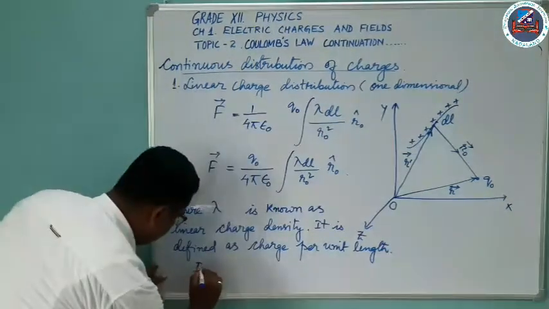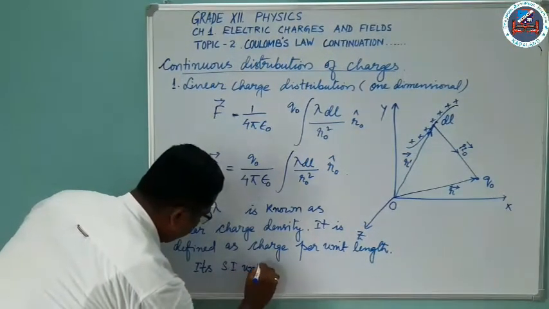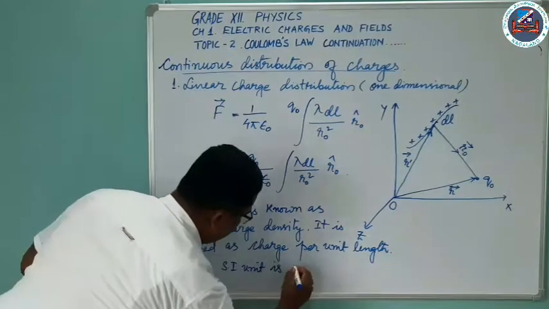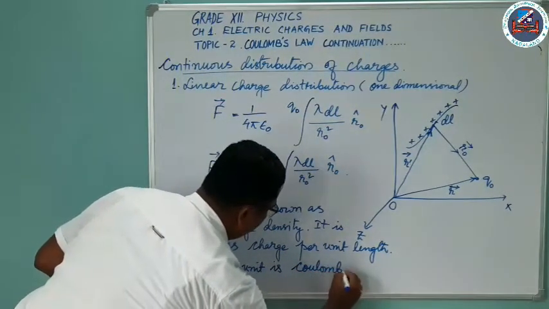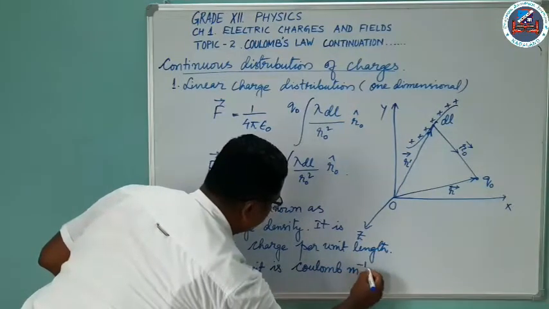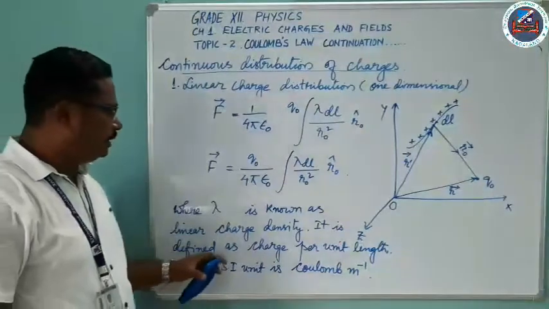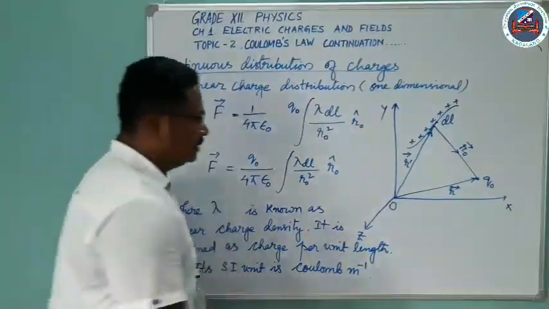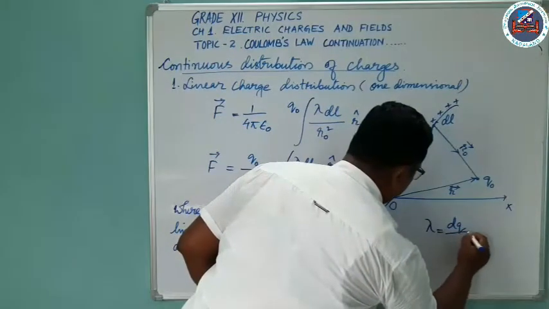Its SI unit is Coulomb per meter. So if you look at it very carefully, lambda is known as charge per unit length.